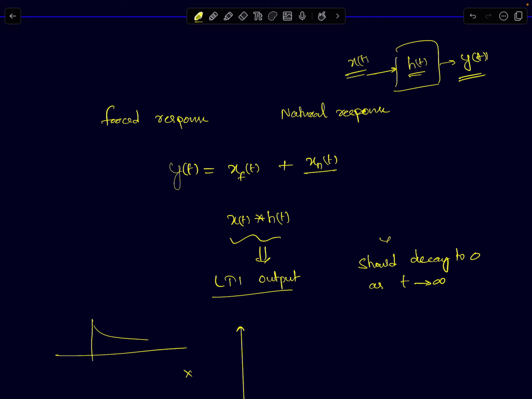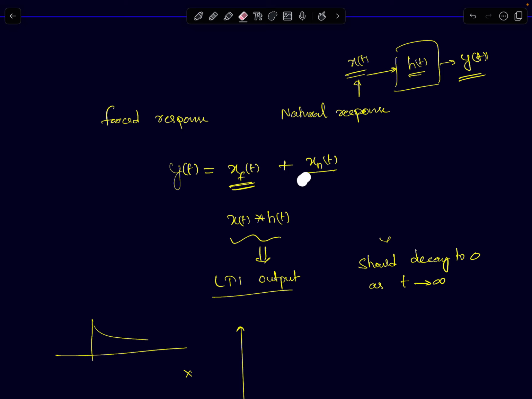One part of this output is what we call the forced response. This is the response that's present because of the input. If I make my input x of t go to 0, then there is no forced response. So the forced response is the response of the system because of the input.